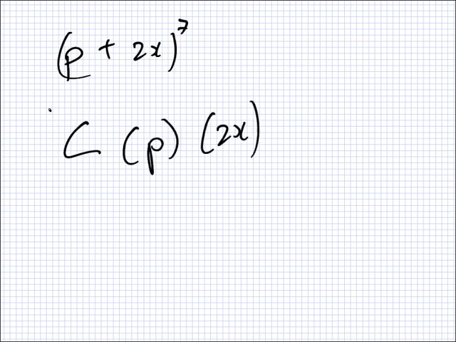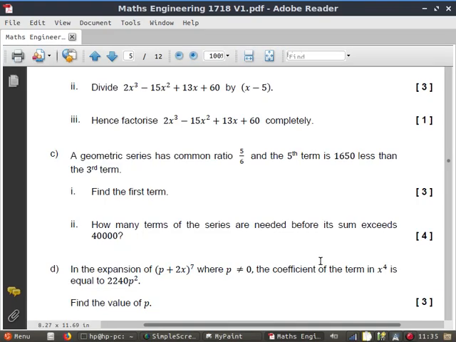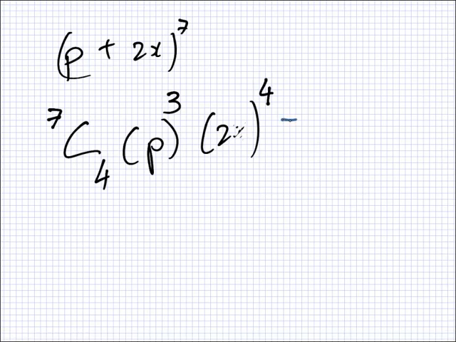This must be 7, this must be 4, and this must be 3. And what do I put here? 4. 3 or 4, it's the same. But I don't care about the x, because they say the coefficient. It means the number beside x. That should equal 2240p squared, so that p squared cancels.